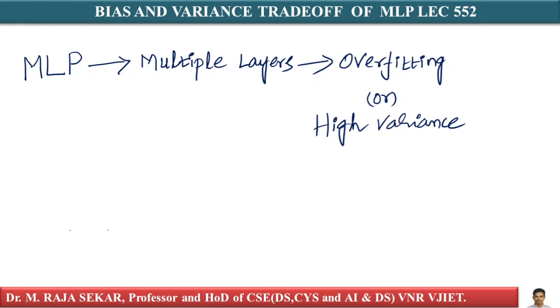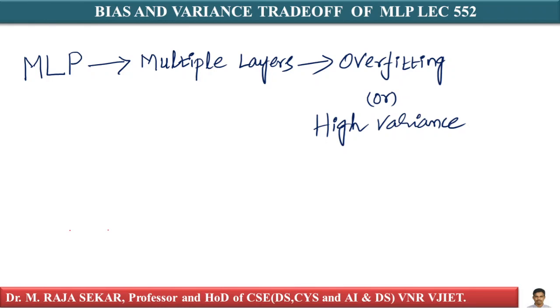Because you have multiple layers, you typically run into a problem of overfitting or high variance. What is the solution for this high variance? You have to add regularization. So one way we can do it here is to add regularization to the problem.